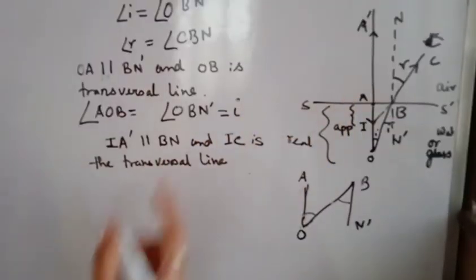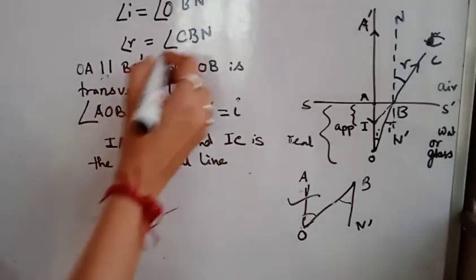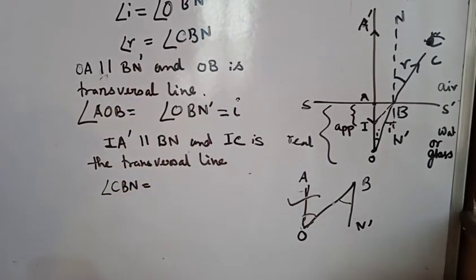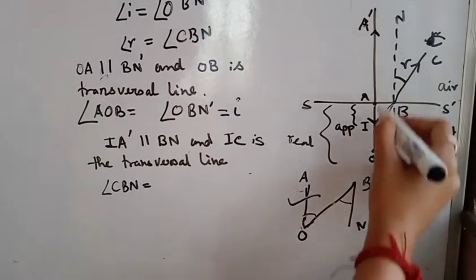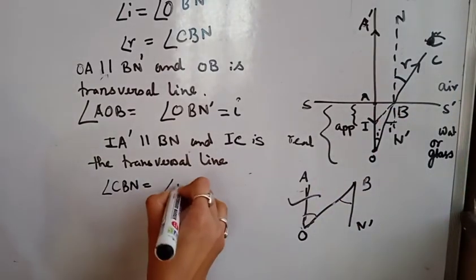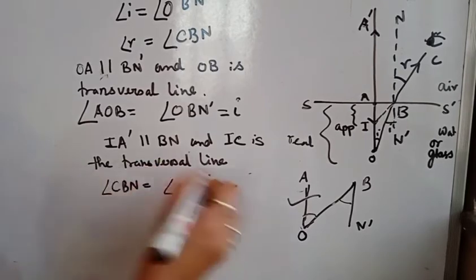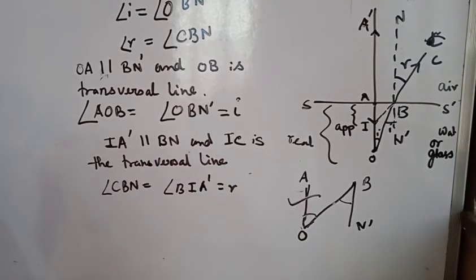So for this reason also we can say that angle CBN should be equal to angle BIA prime, that is this line, BI and A prime. As CBN is r, BIA prime should also be r, meaning this angle.